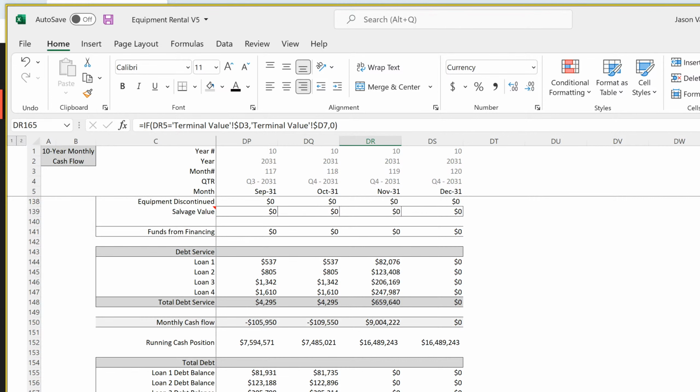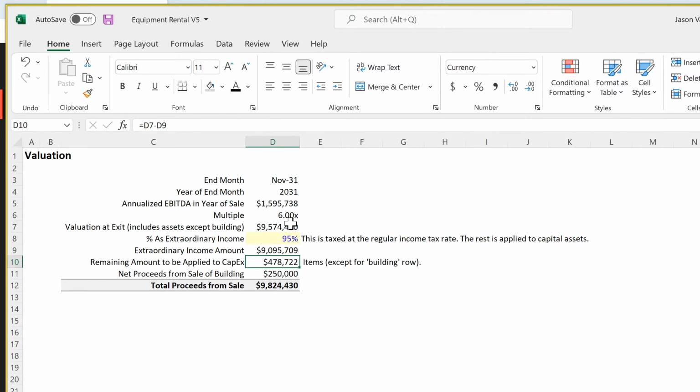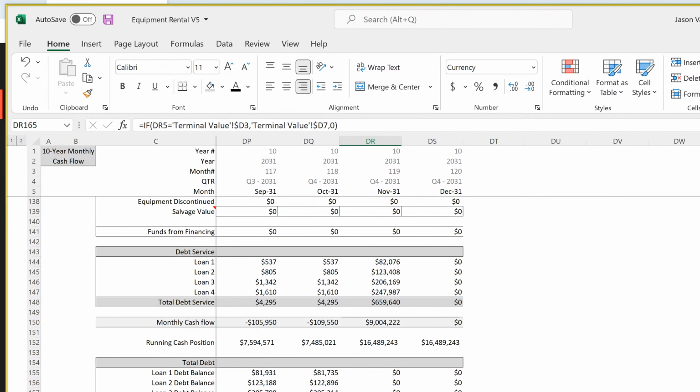So this is pulling terminal value D7. This will be the easy one to fix. So terminal value D7 is that, and then the sale of the building. Actually, this could help us.